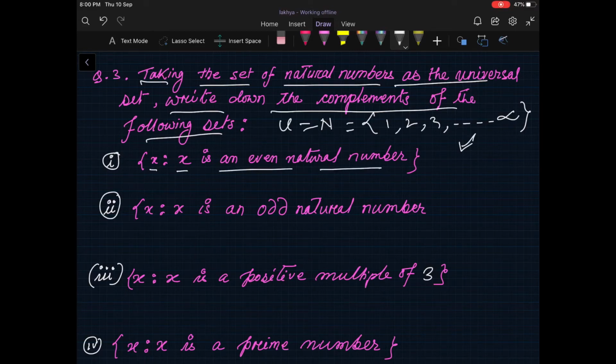What is the first set? X such that X is an even natural number. That means the complement of this set should be odd natural numbers.